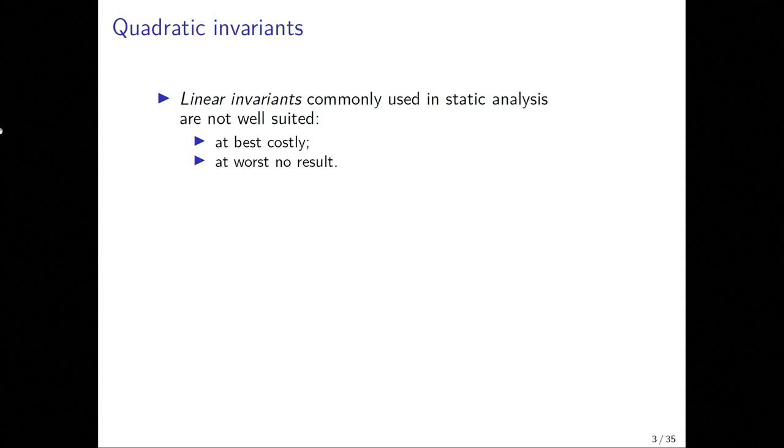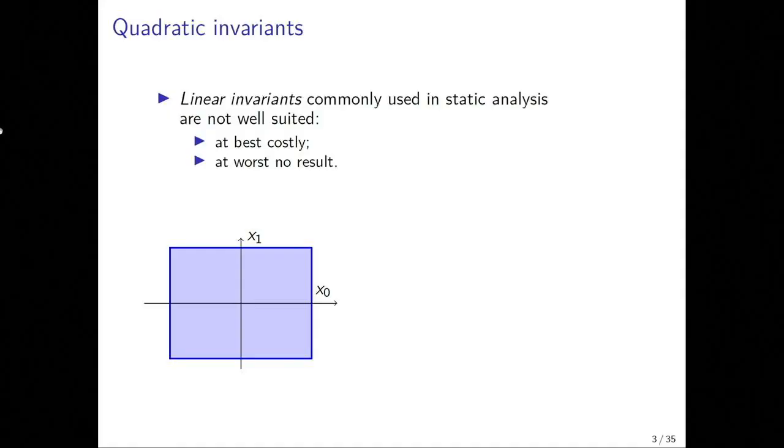Usually when we do static analysis, we tend to use linear invariants because it works well and it's easy to manipulate. But unfortunately for this kind of system, control theorists know that, at best, it can be costly, and sometimes at worst, if you are unlucky, you won't get any result.